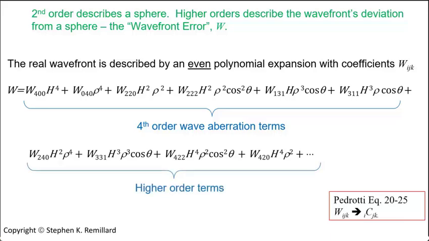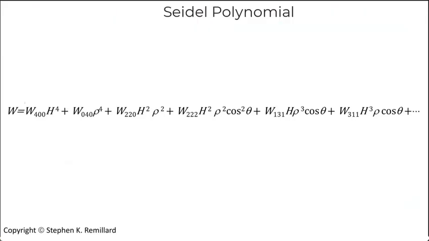I'll focus on the fourth order terms, although higher order aberrations present as big a challenge to designing a good imaging system. Aberrations result in poor image quality because they cause rays to reach the image surface at the wrong point, resulting in a blurred image.